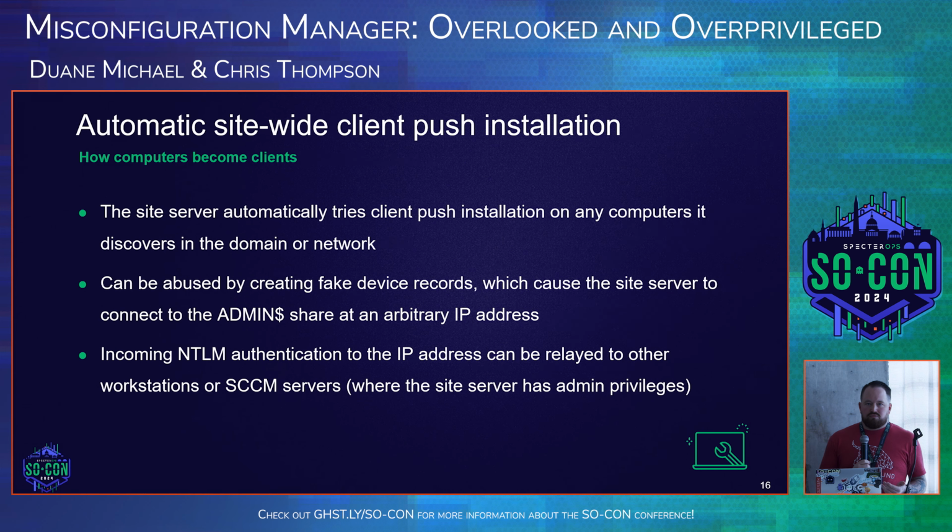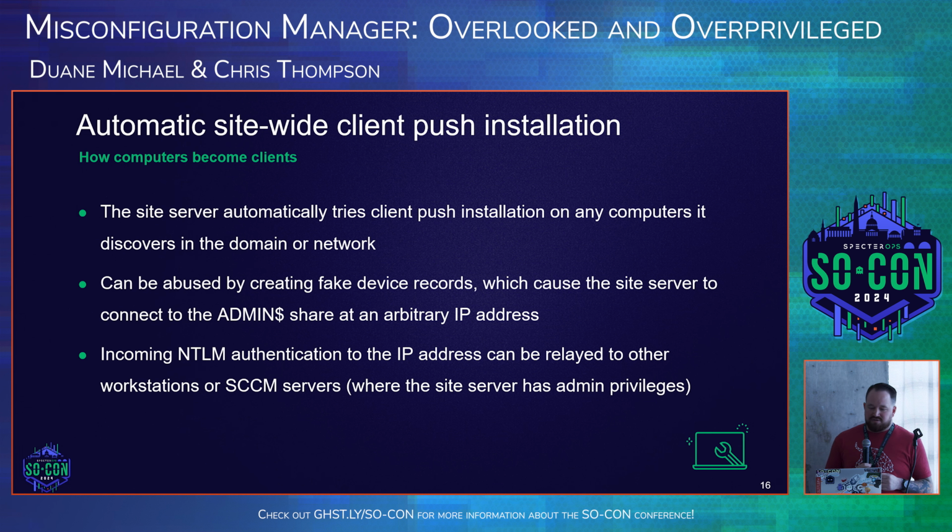Okay, so that's client push installation in a nutshell, but there's a few different ways that you can configure client push installation. One of which is called automatic site-wide client push installation. And you guessed it, this is to install that client automatically as new systems are discovered. SCCM has a bunch of different discovery methods for how it can find new systems out there on the network. This can be things like Active Directory groups, network, like a subnet or whatever.